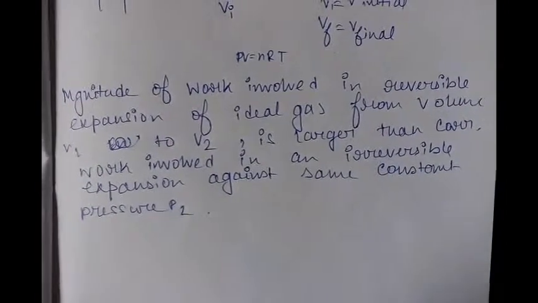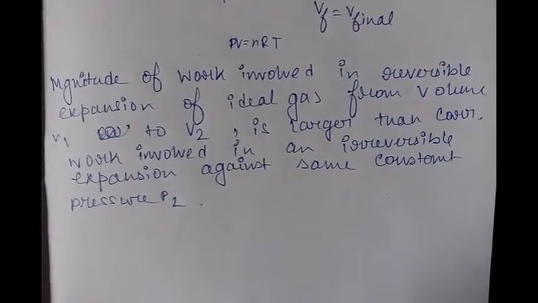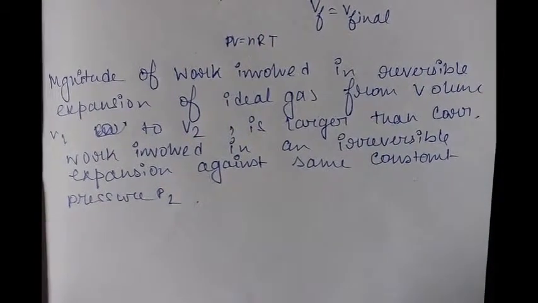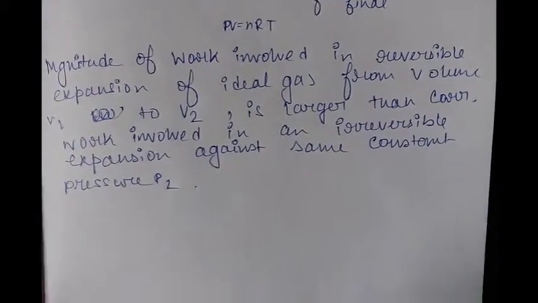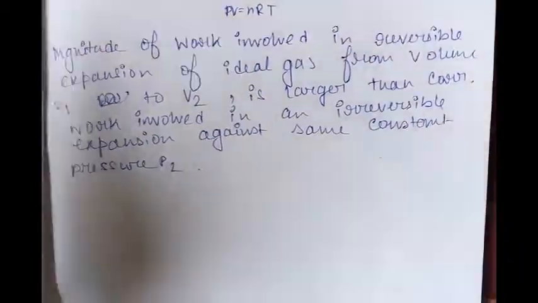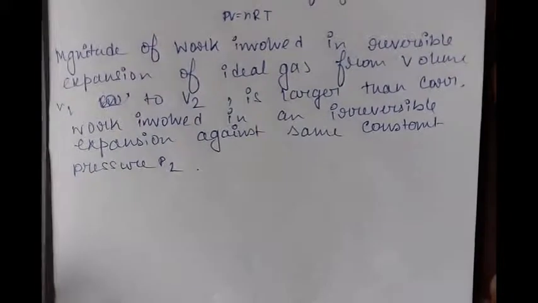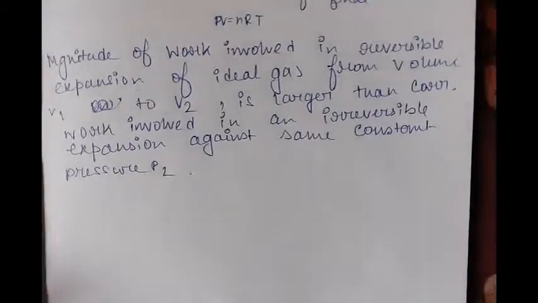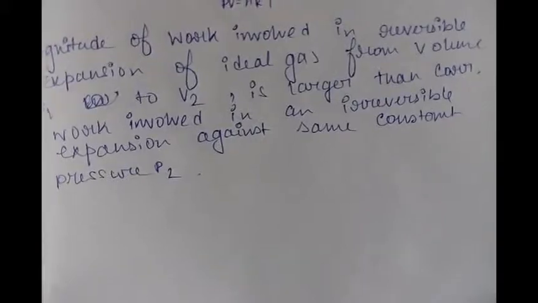Now the statement is, magnitude of work involved in reversible expansion of ideal gas from volume V1 to V2 is larger than corresponding work involved in an irreversible expansion against the same constant pressure P2. Hence, if pressure P2 is constant, work done in case of reversible process will be greater than work done in irreversible process when expansion occurs. And how can we prove that?